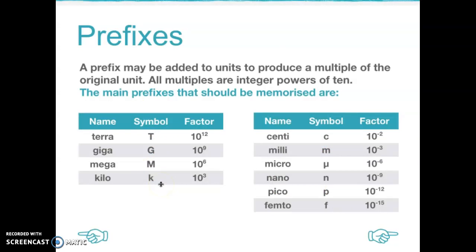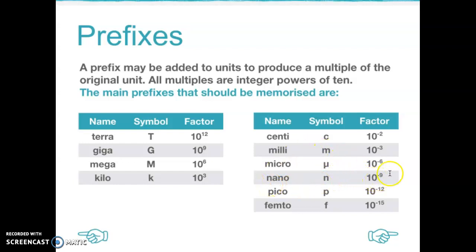These are the prefixes that you will be required to know for the IB. This entire table is in the data booklet. However, it is definitely in your interest to memorize them because you don't want to be looking in the data booklet every time you have a numerical problem. Particularly for milli, which is times 10 to the minus 3, micro, which is 10 to the minus 6, nano begins with N, so it's easy to remember.